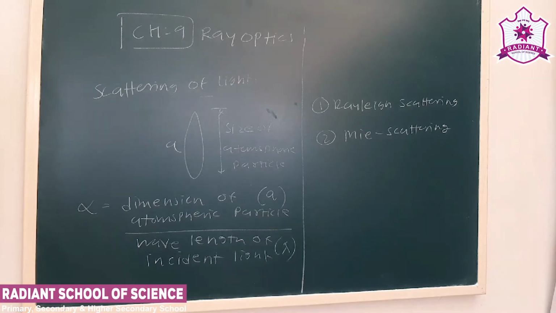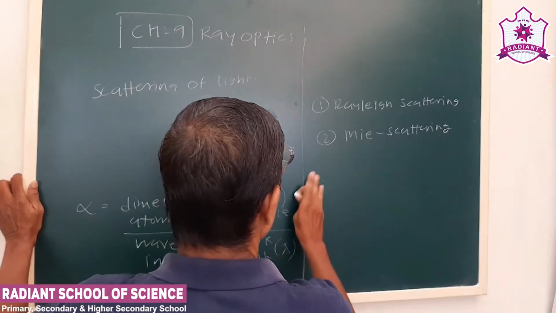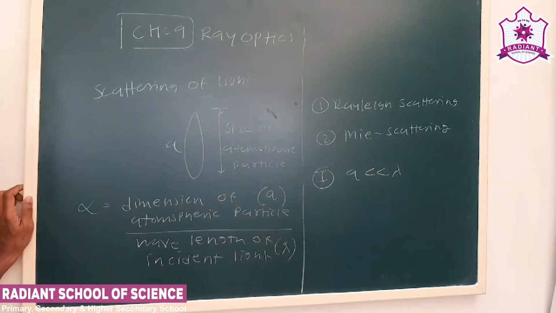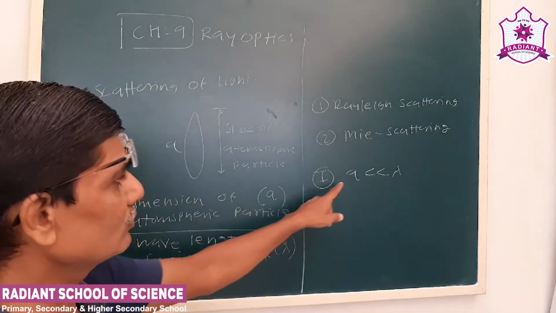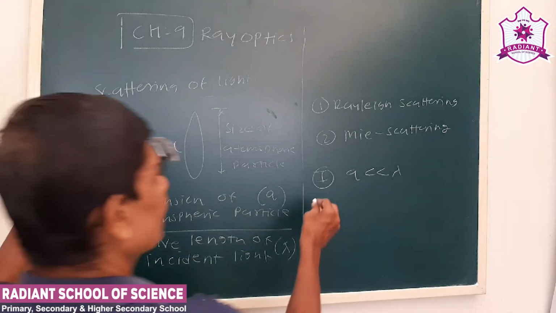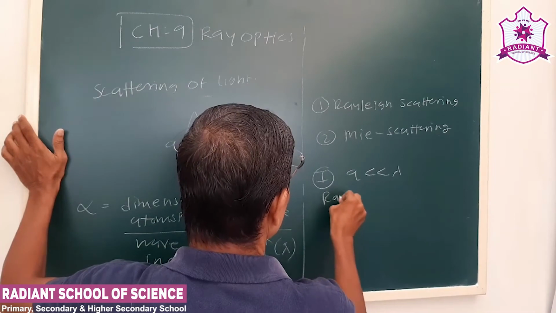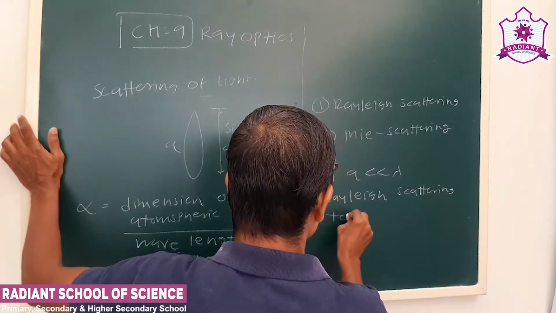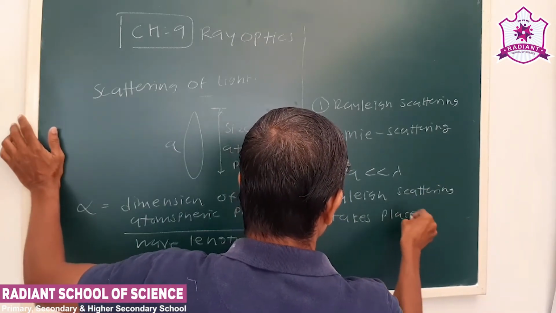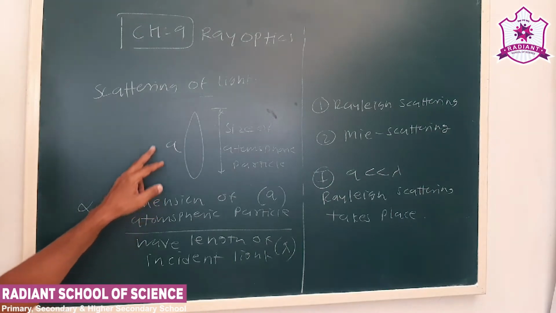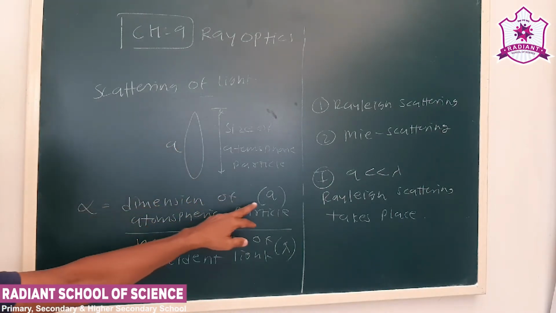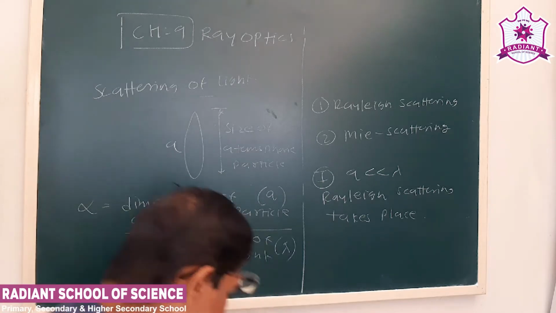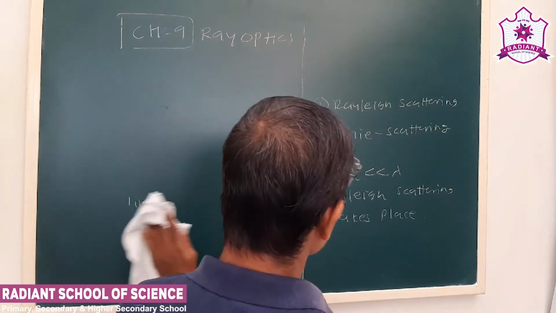Now see, first case, when a is very less compared to lambda, Rayleigh scattering takes place.